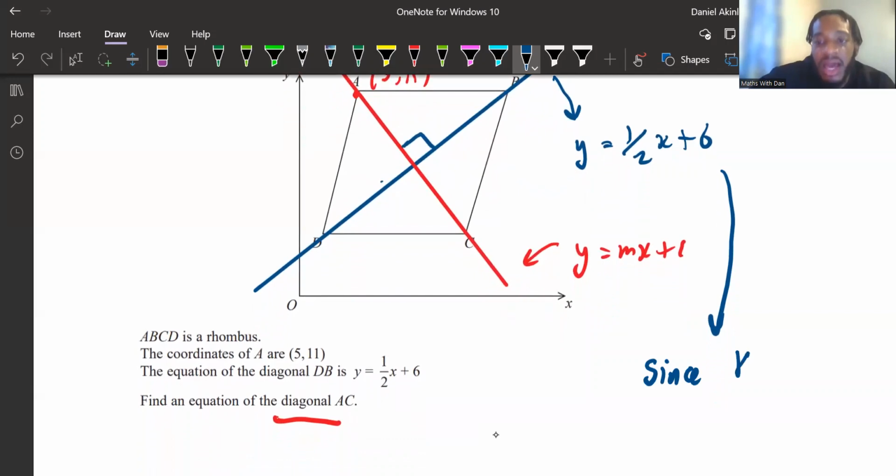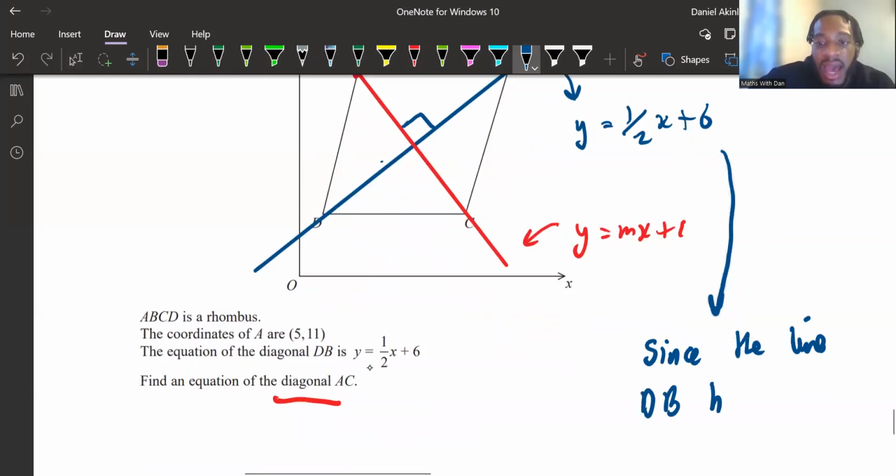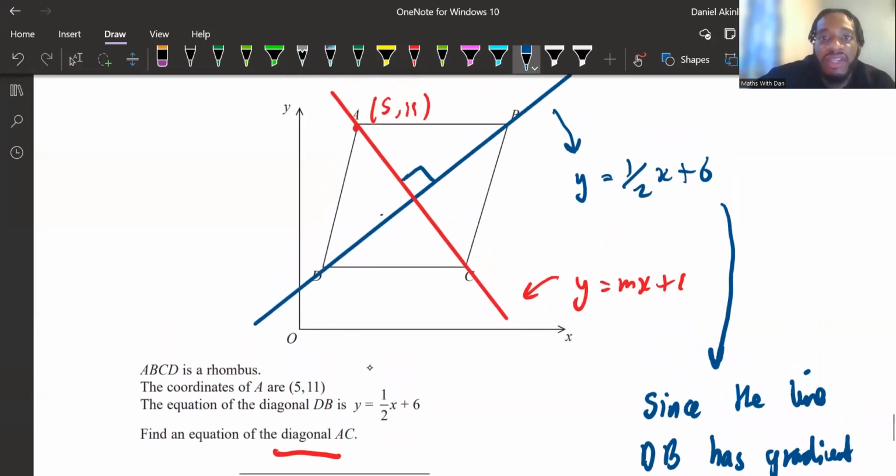since the line, what line is this? This is the line D to B. What is the gradient of the line DB? It is just 1/2, isn't it?